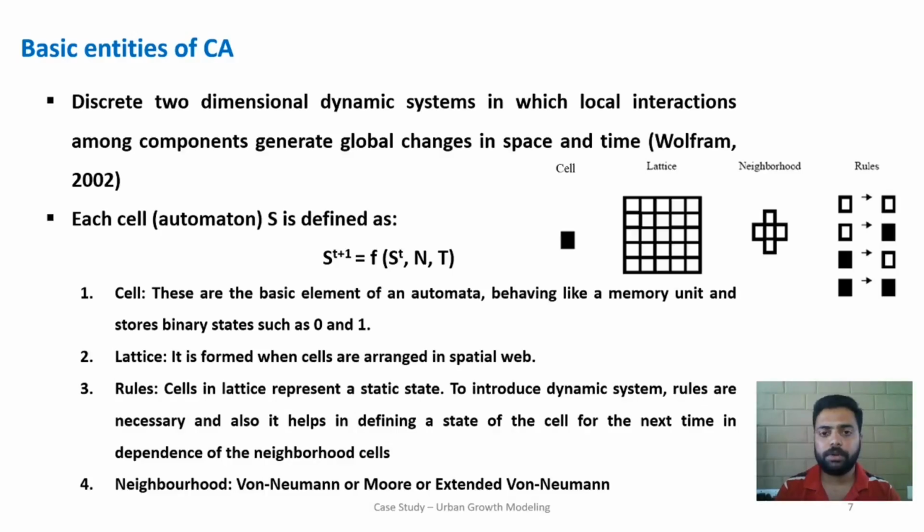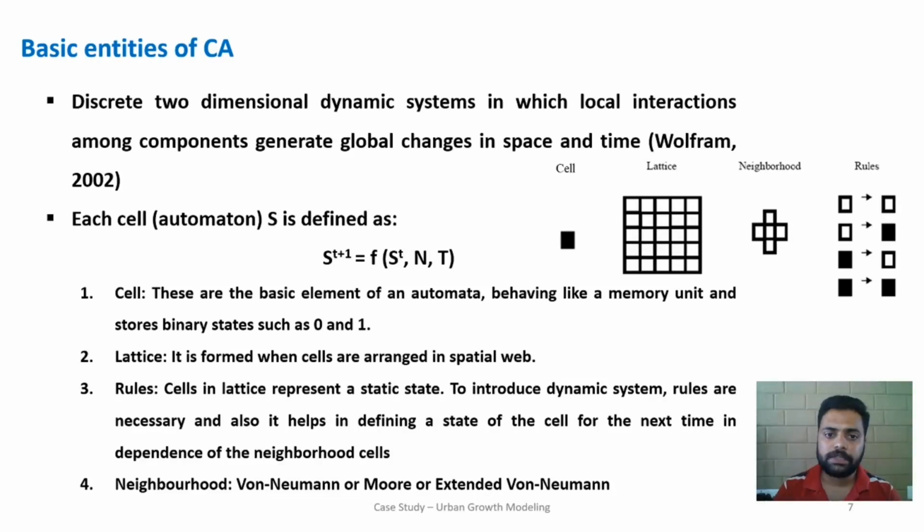So you need to remember this: local interaction can cause global reactions in time and space. If you see the equation of cellular automata, each automaton is defined by S, and the future state of a cell, that is t plus 1, is a function of f of S_t, that is the cell state at time t, that is at present, and N is the neighborhood, and T is the transition rules.